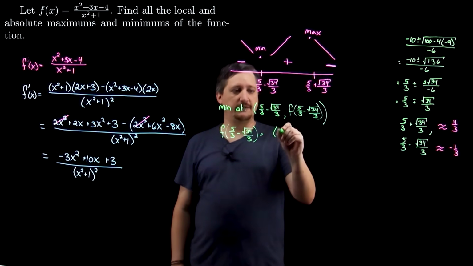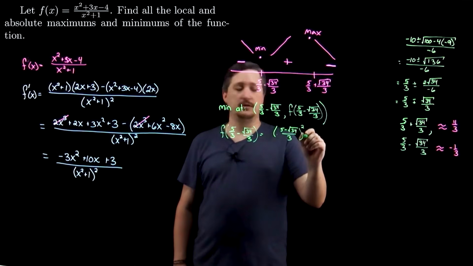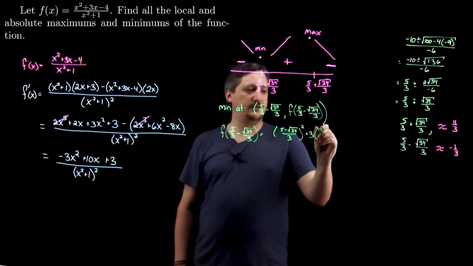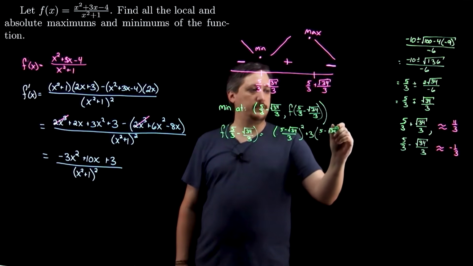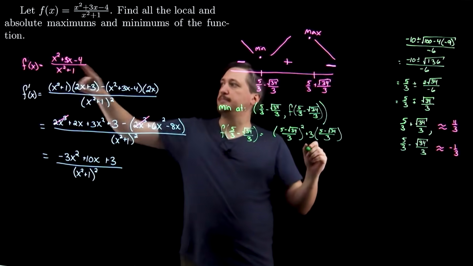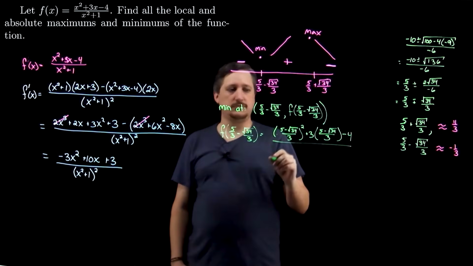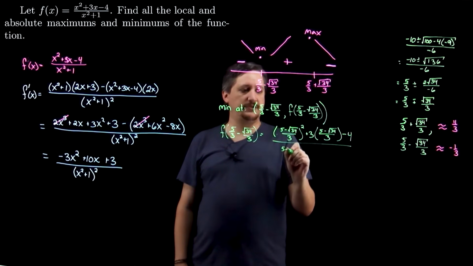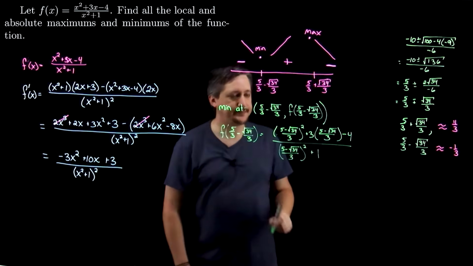So this is going to be 5 minus square root of 34 over 3 squared plus 3 times 5 minus square root of 34 over 3. So I'm plugging into f here, right? Minus 4 over 5 minus square root of 34 over 3 squared plus 1.